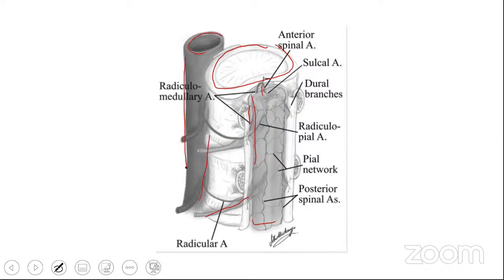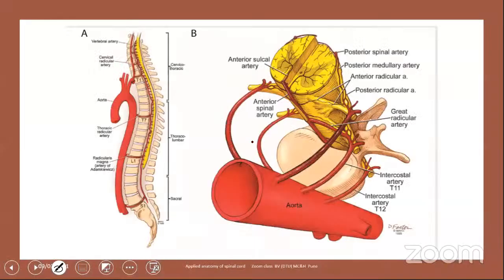From there, the branches come and supply the spinal cord. You can see the diagram, and this is the radicularis magna, or artery of Adamkiewicz, at the L1 level, which is supplying the lower part of the spinal cord, supplementing the blood supply coming from the anterior spinal artery and the posterior spinal arteries.